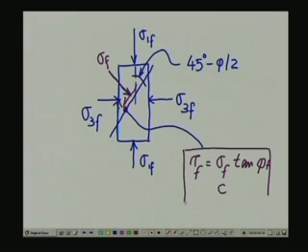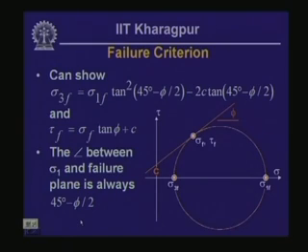Okay, so on this particular failure plane, the value of the shear stress that leads to failure reaches a critical value given by a combination of the normal stress on that particular plane and some material properties, namely the friction angle and the cohesion intercept. This is the failure criterion called the Mohr-Coulomb failure criterion.